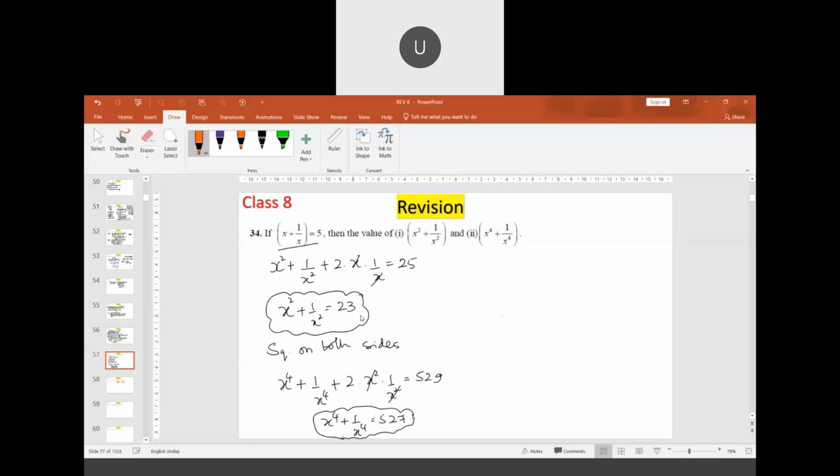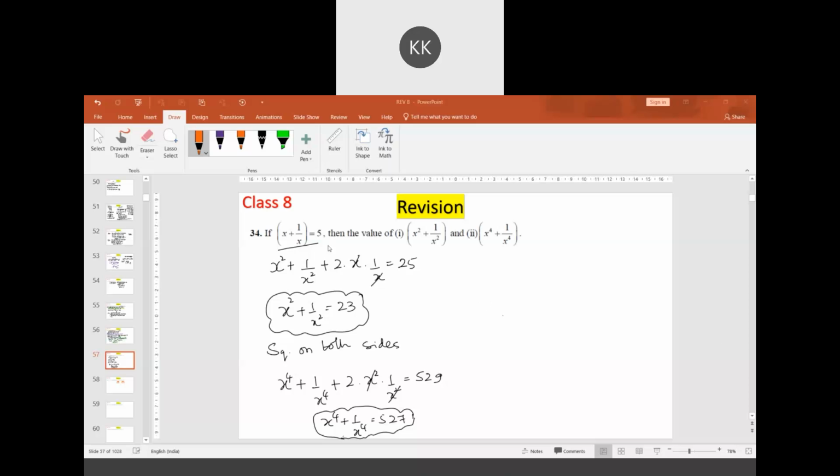We got the value of x square plus 1 by x square by squaring this. For this, we are not taking 5 to the power 4. What we are doing is 23 square. So why should we take 5 to the power 4?